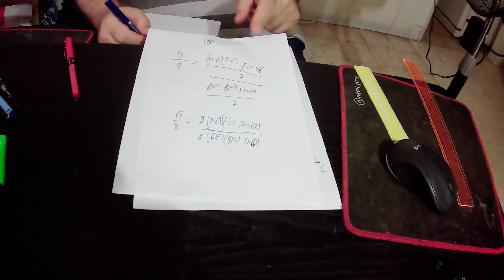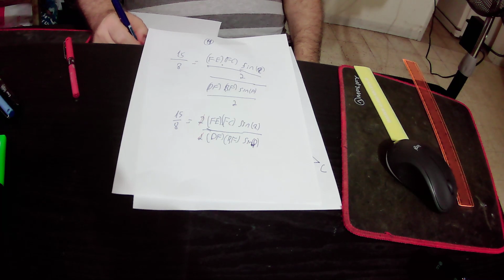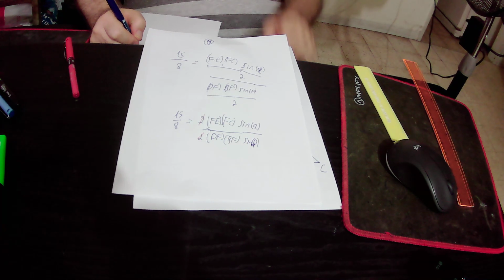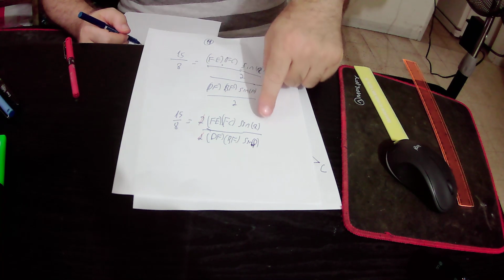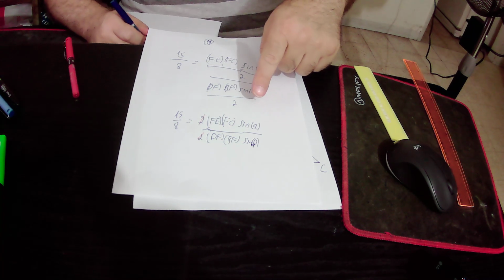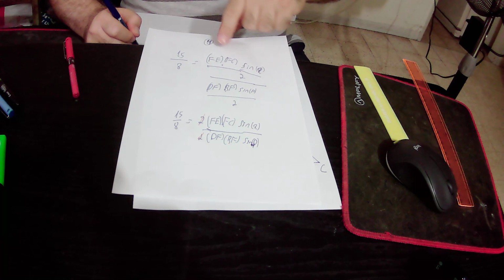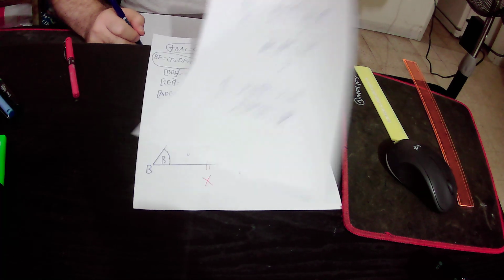X squared times sine Q over DF times BF.